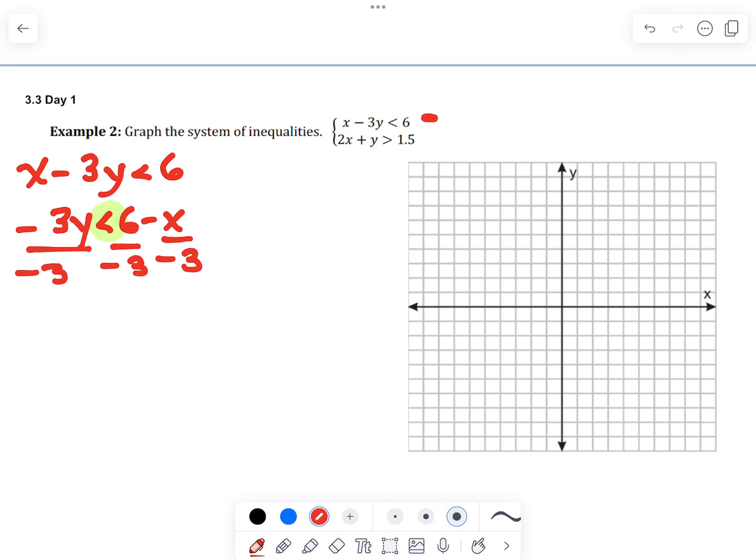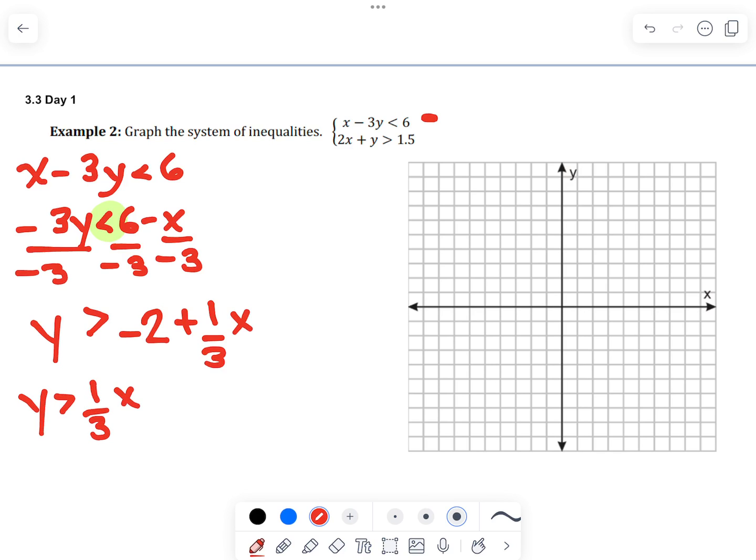So when we simplify this, we're going to flip the inequality to be greater than. Now we reduce. 6 divided by -3 is -2. A negative divided by a negative is a positive. And then 1/3 x. So this is y greater than 1/3 x minus 2.